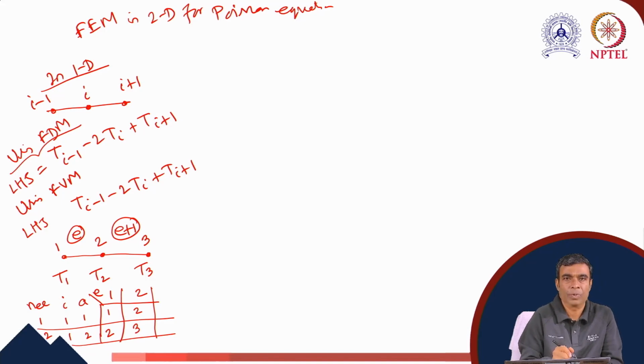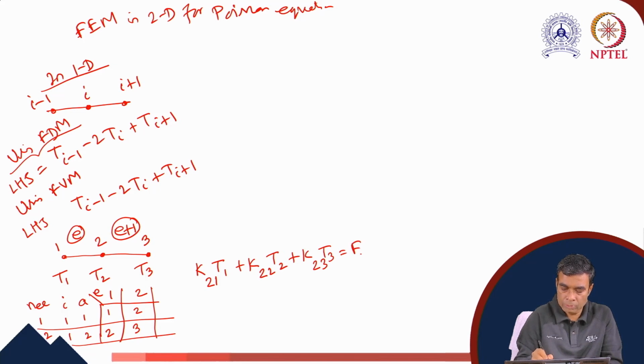So when we write the equation at global node 2, we get K21 T1 plus K22 T2 plus K23 T3 equals F2. So here, this is the node at which we are writing this equation.